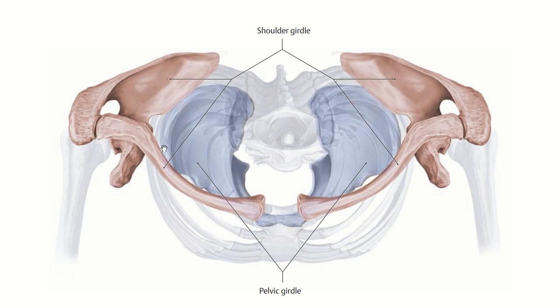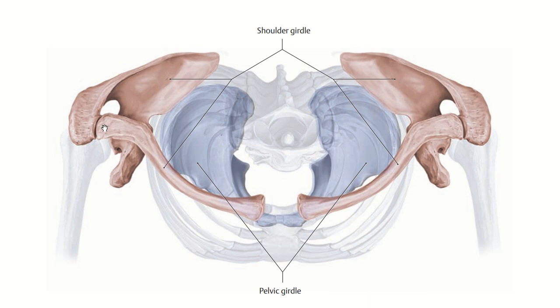So when it fractures, you're going to have a proximal segment and a distal segment, or a medial segment and a lateral segment. The proximal segment is actually going to be elevated due to the attachment of the sternocleidomastoid. The distal segment is actually going to be depressed due to the weight of the upper limb.